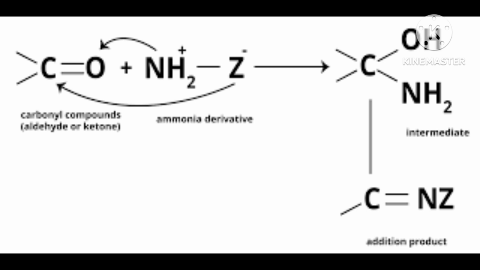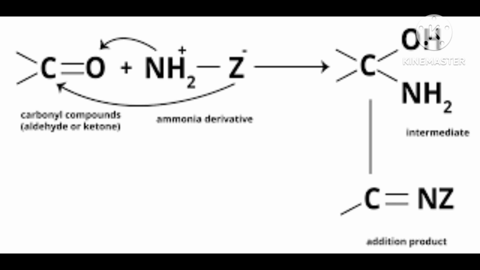Then the lone pair of electrons, now leave it. Now in the place of H, suppose any other group is attached, like Z, any other group, then it is called NH2Z. Now when this NH2Z reacts with this carbonyl group, what will happen?